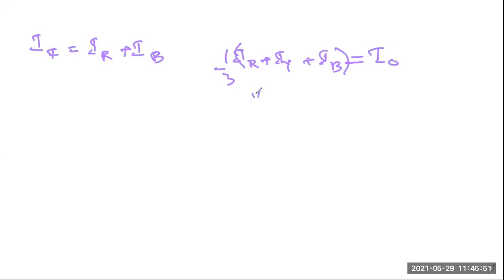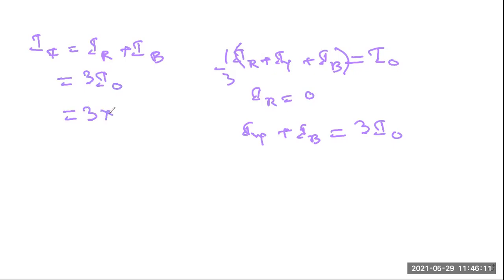Now in this case, IR equal to 0. So IY plus IB will be equal to 3 times I0. Yes or no? Yes, sir. This is equal to 3 times I0.